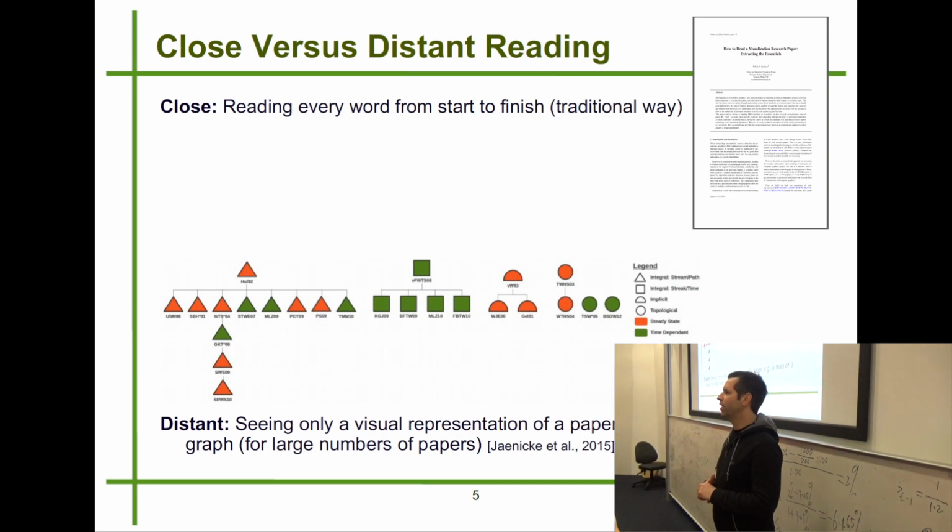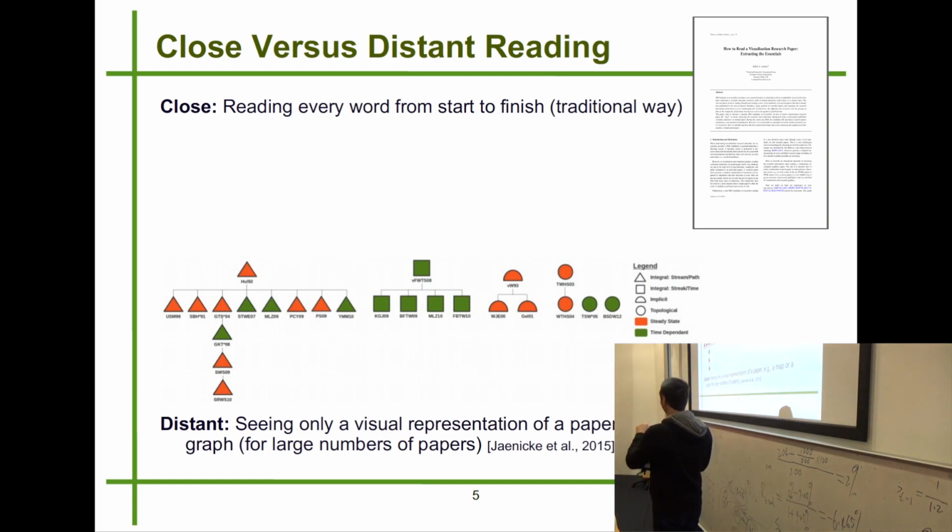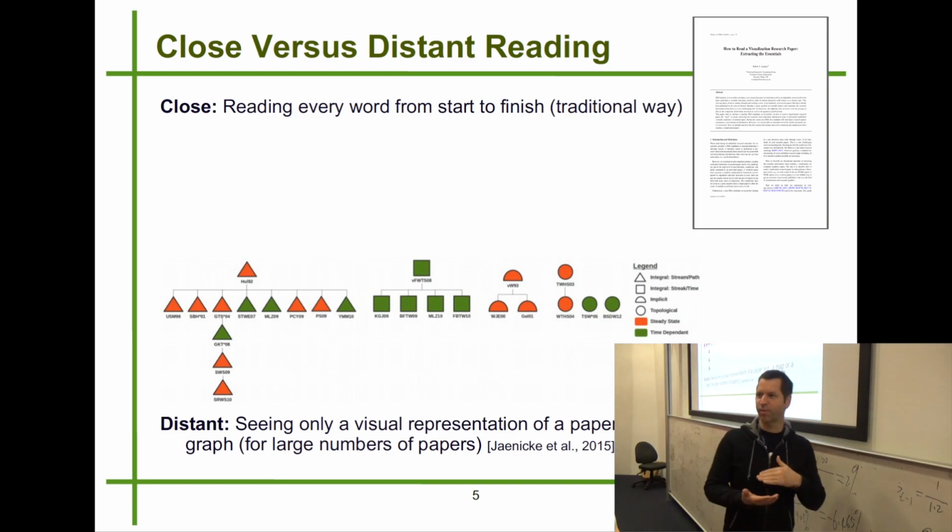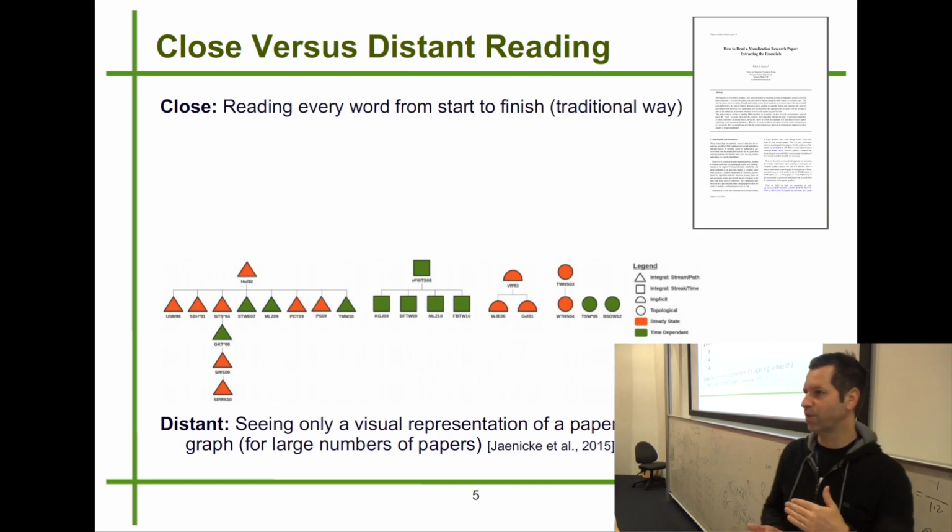You pick up a paper, you start to read the first sentence until you finish it, then you move on to the second sentence, then the third sentence, until you're finished. You read a paper from start to finish, sentence by sentence, word by word. That's called close reading.